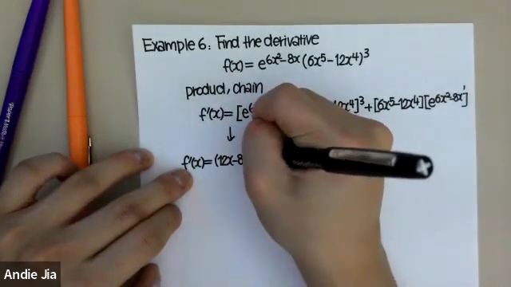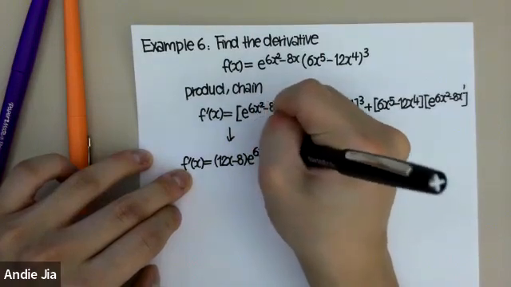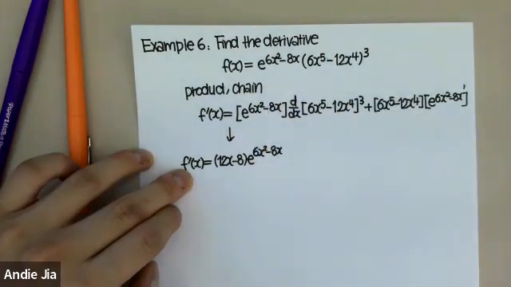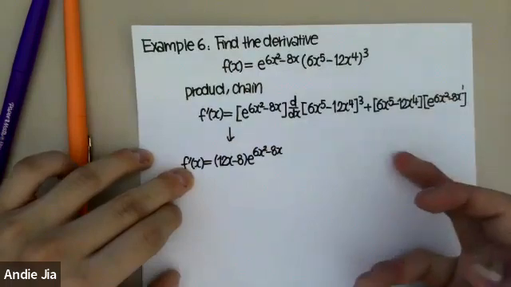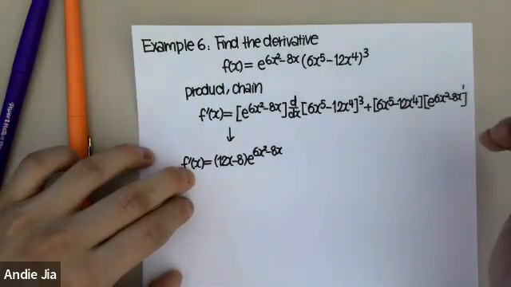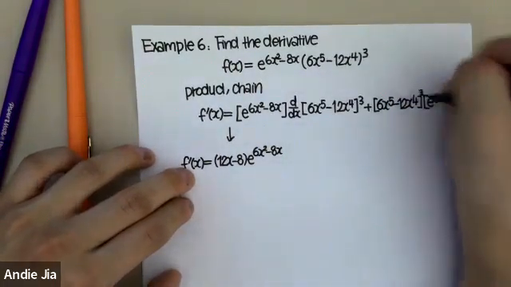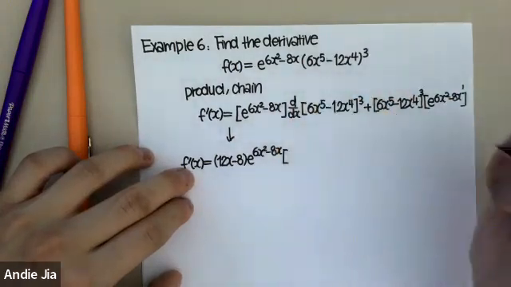And e to the 6x squared minus 8x, take its derivative and times this chunk.